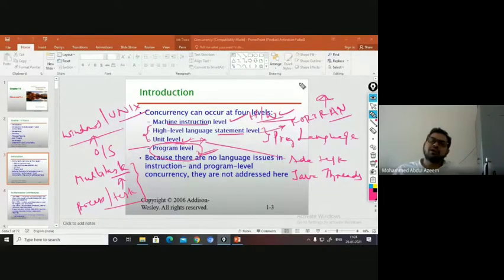For example, you have a vector operation, like C of 1:100 equal to A of 1:100 plus B of 1:100. It means you want to perform an addition operation on two vectors A and B.